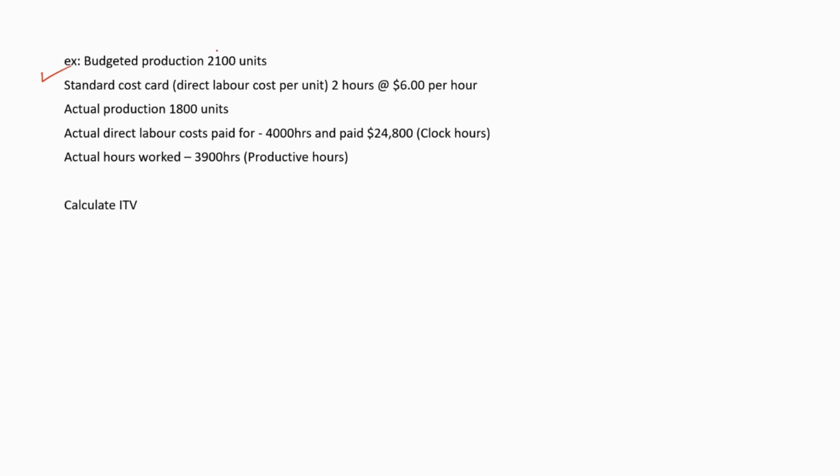As we now know, we do not consider the budgeted production units. Calculate the idle time variance, which is equal to actual productive hours minus actual clock hours multiplied by standard rate. What is the actual productive hours? This value, 3900 hours. What is the actual clock hours?